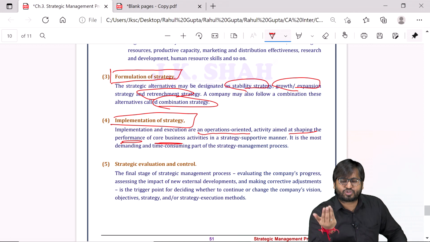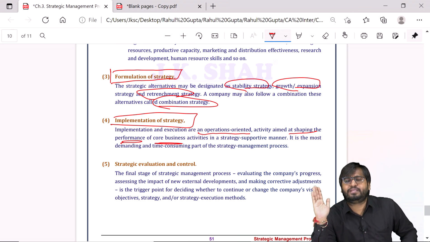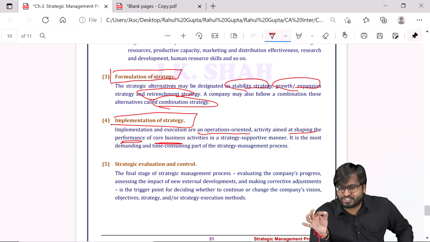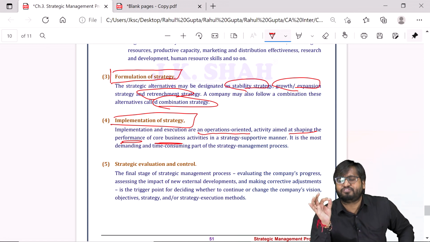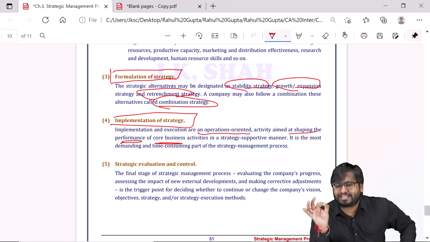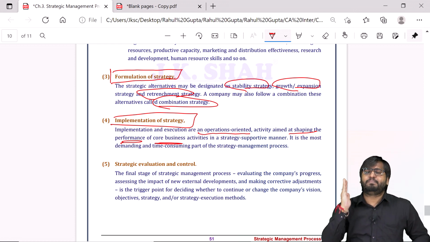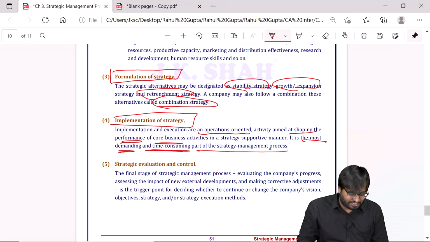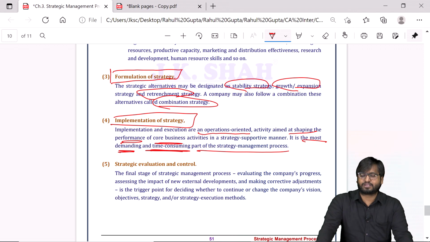We need to work towards whatever we had formulated. And this phase, the implementation phase, is the most challenging and most time consuming phase in any strategic management process.